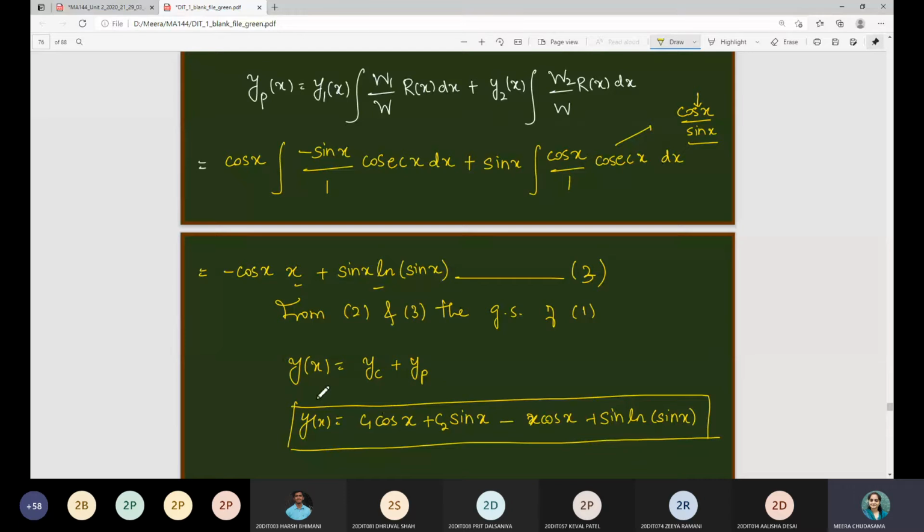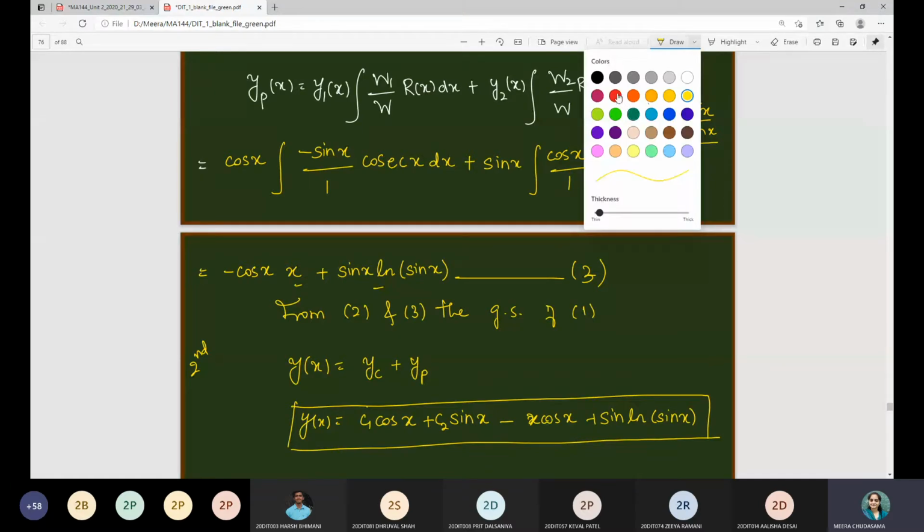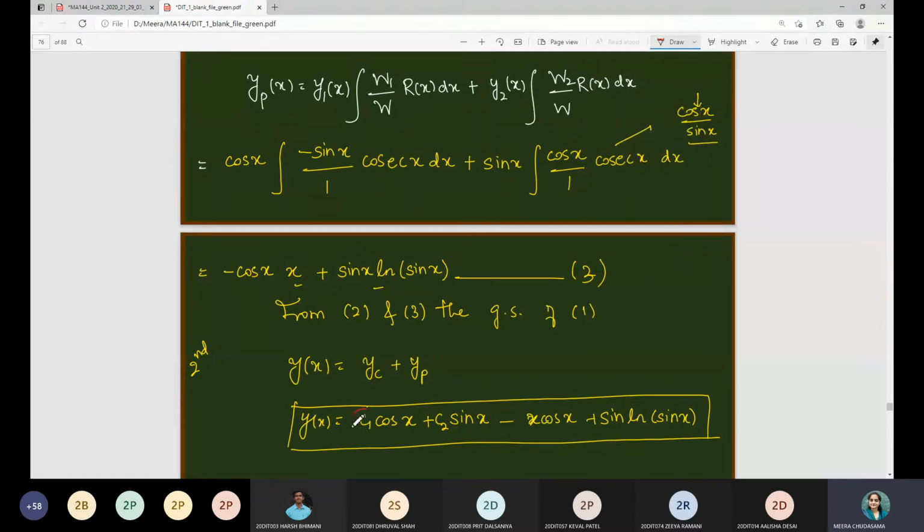You can see that it is a second order differential equation. Therefore, in the general solution only 2 constant quantities will be involved, which come from the complementary function. You can see here the particular integral is always free from constant quantities.